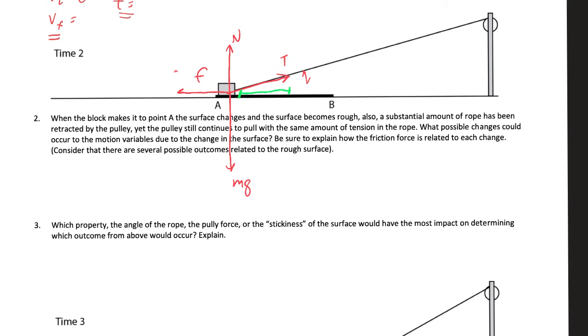There is the possibility that I've underestimated the normal force and the frictional force could be greater than the force to the right, the tension to the right. So now the friction being greater than the force to the right, the block would slow down. It'd still accelerate, but the acceleration would be negative. This would cause the velocity to become a smaller number. All three of those are possible.